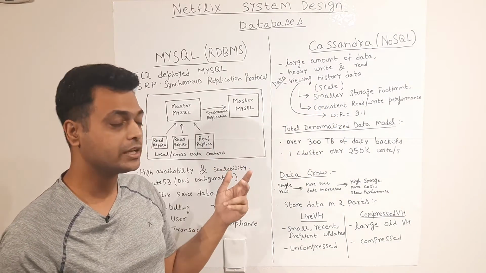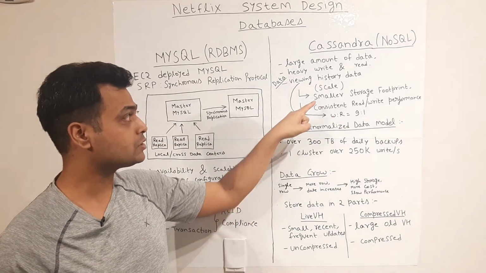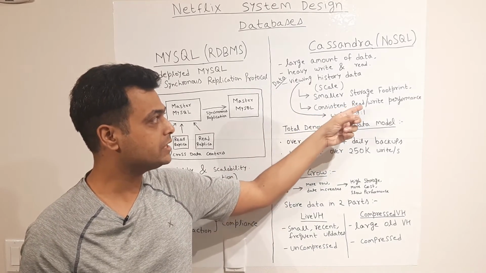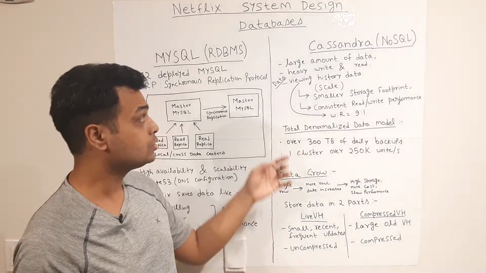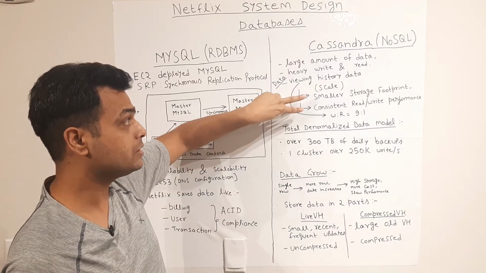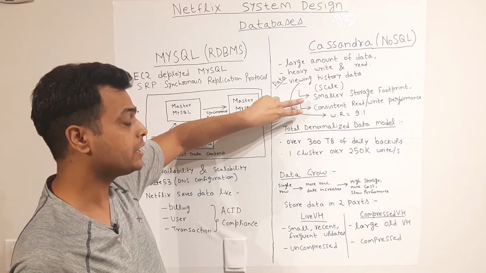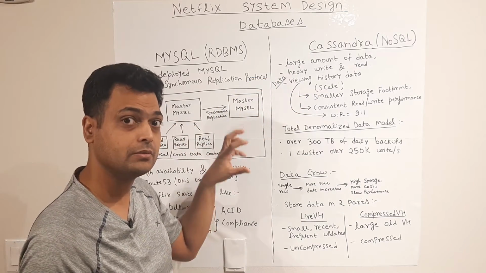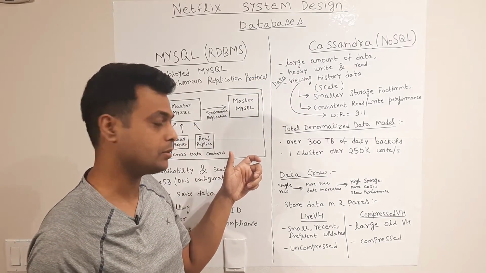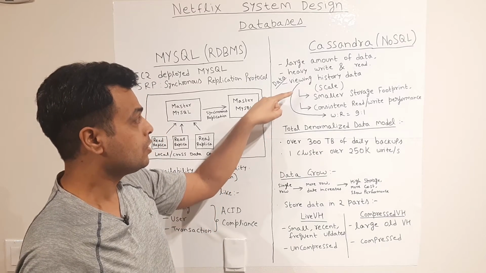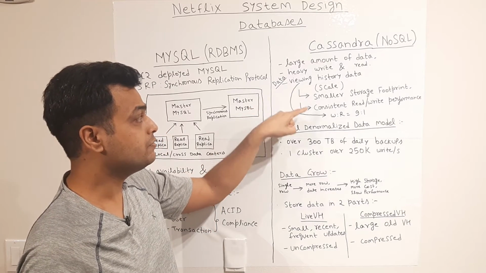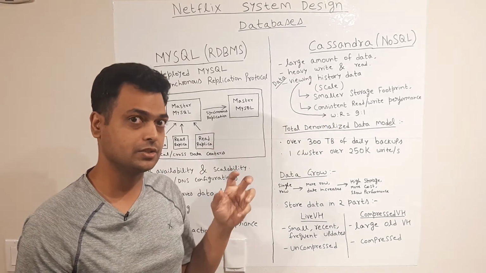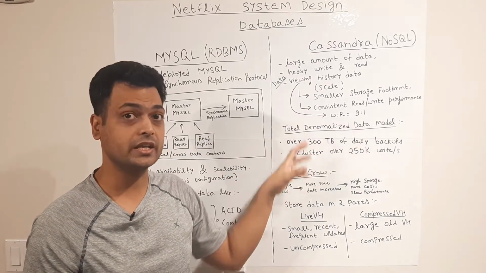So the main priority for Netflix was to have a smaller storage footprint and a consistent read write performance. So these are the two main aims why Netflix started thinking of storing viewing history in a more performance optimum way. Another reason is the write to read ratio of viewing history rose to 9:1.